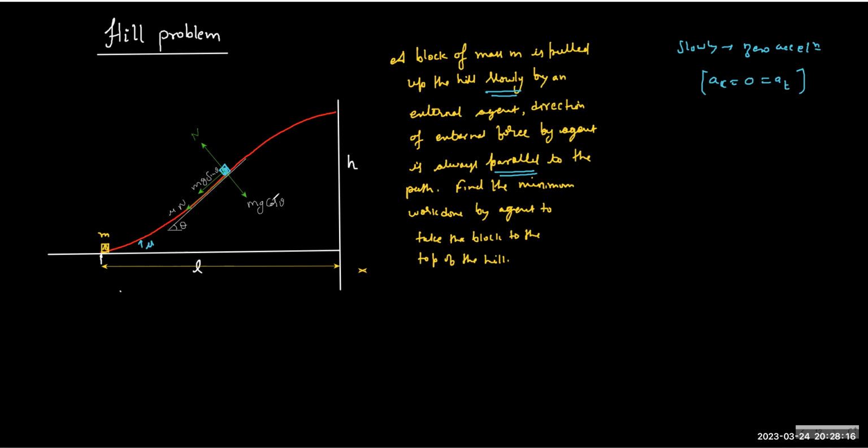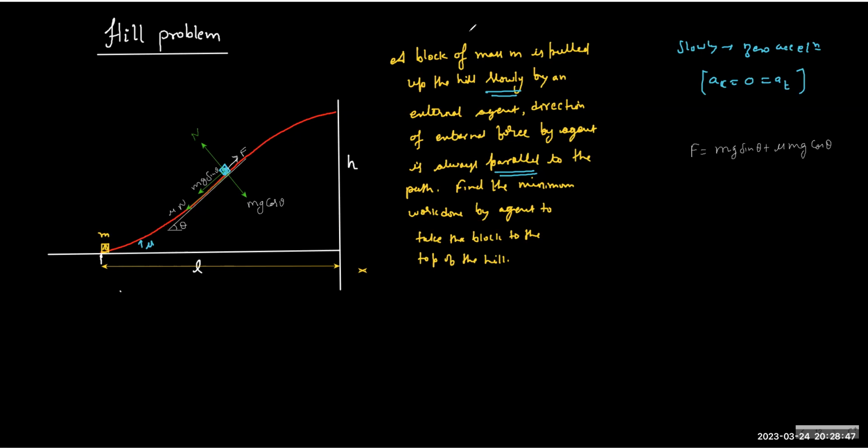So to move it slowly, by applying a parallel force, we must apply force in this direction at this point. And this force will balance out all the other forces acting on the block along the tangent. So can we say the F value must be equal to mg sine theta plus mu N, which is mu mg cos theta?